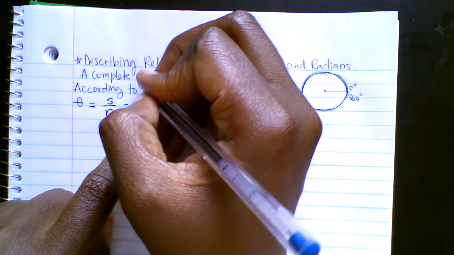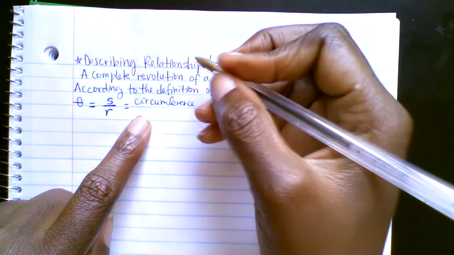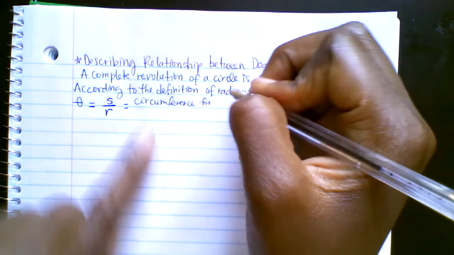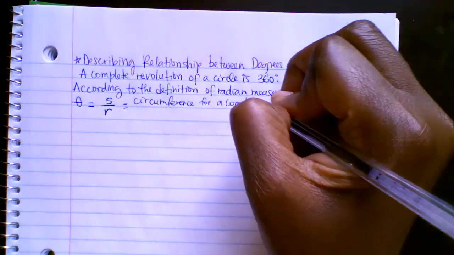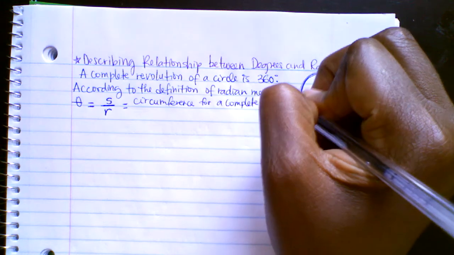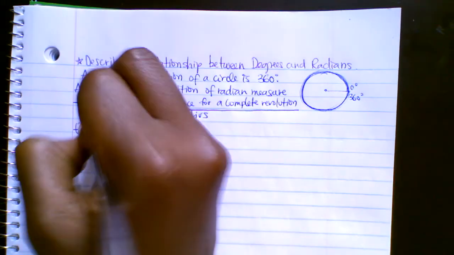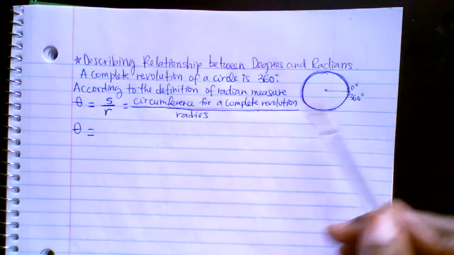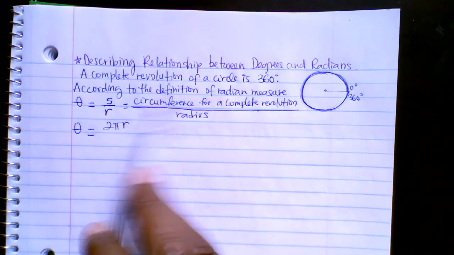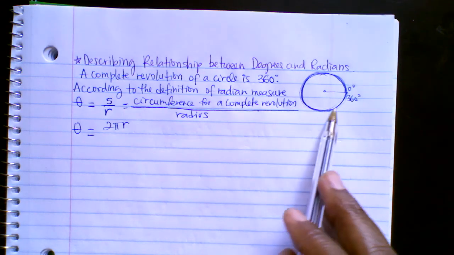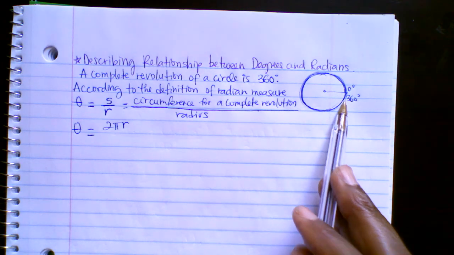Okay, so let me write. So the circumference for a complete revolution or rotation, and then over the radius. What is the circumference for a complete revolution? I know you can tell me it's 2 pi r. So s here, the arc length, represents the entire circle, the distance around the edge of the entire circle, which is 2 pi r.